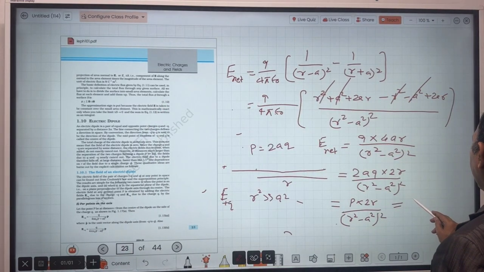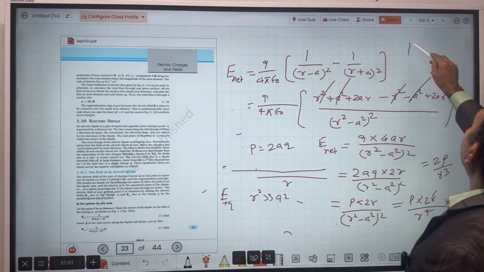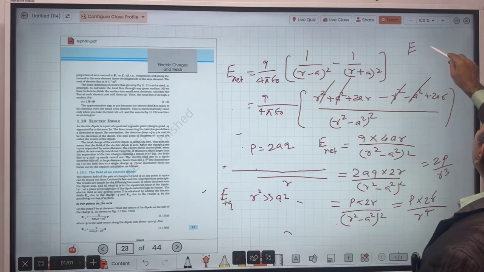The electric field will be P into 2R divided by R power 4. So one R will get cancelled, leaving R cube. So it becomes 2P divided by R cube. So you can say the electric field due to a dipole is proportional to 1 upon R cube.